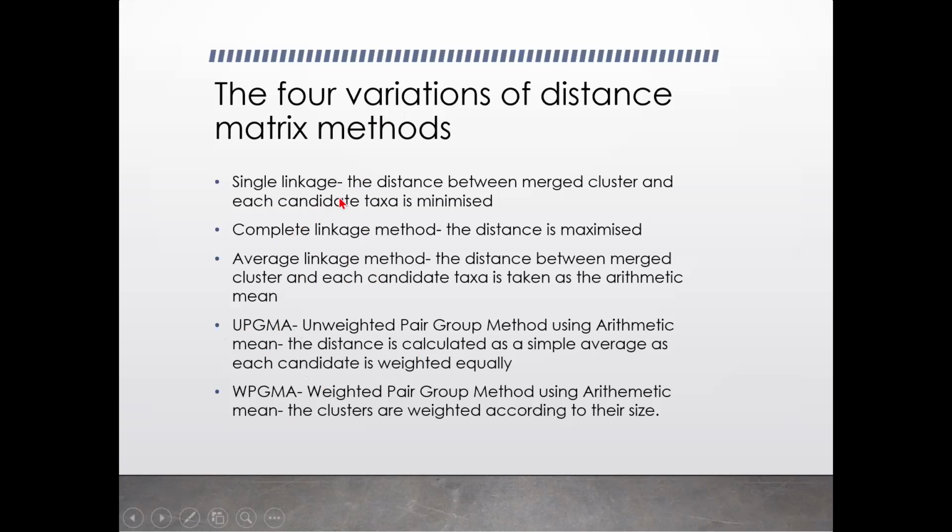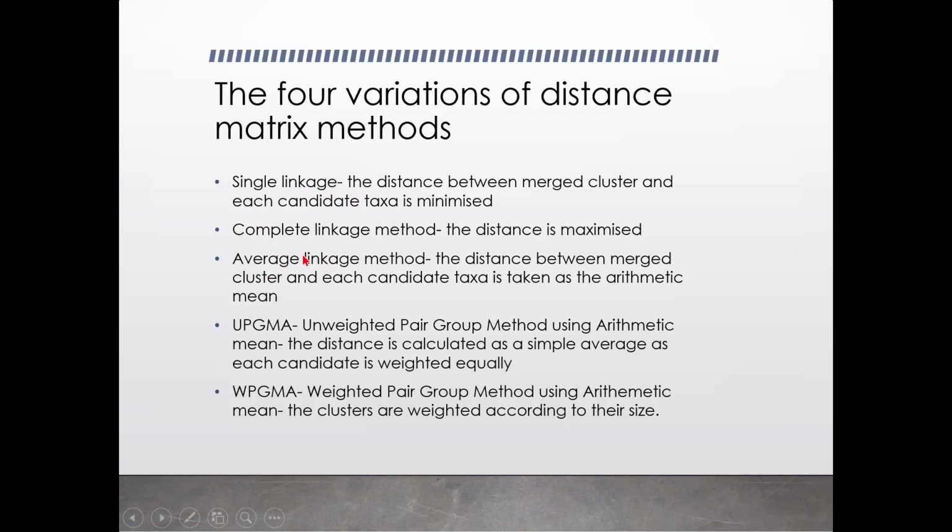In the single linkage method, the distance between the merged cluster and each candidate taxon is minimized. That means the minimum distance is taken into consideration, and it builds the phylogenetic tree. That is the single linkage method.